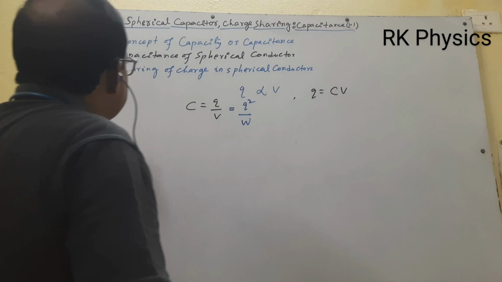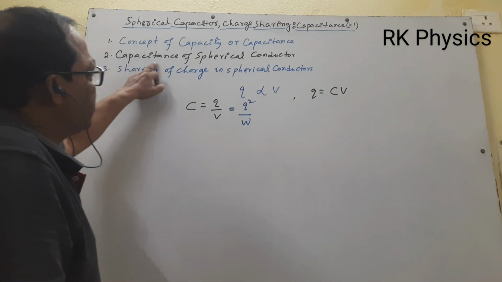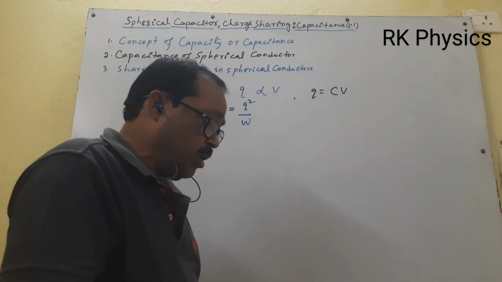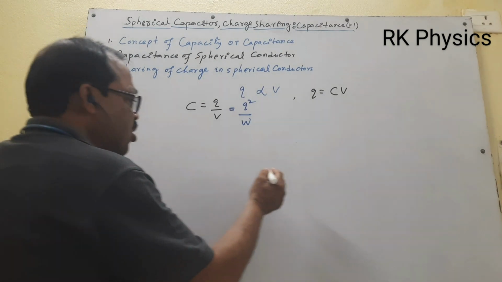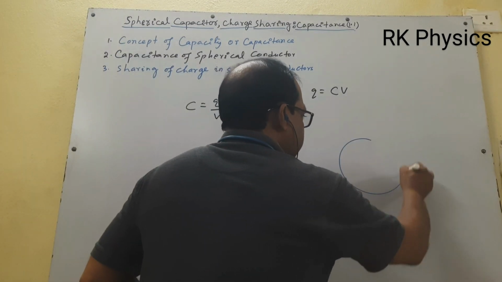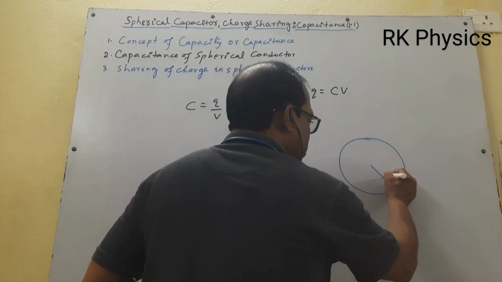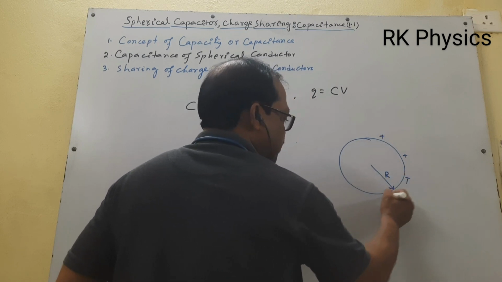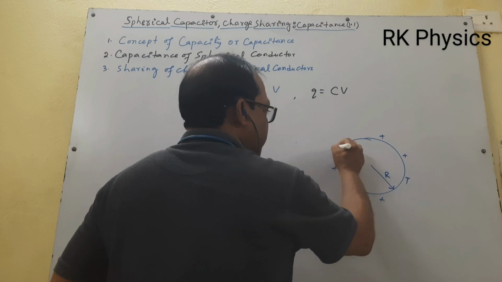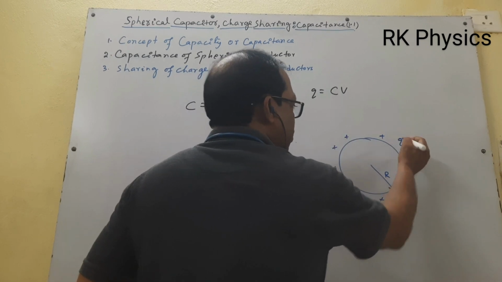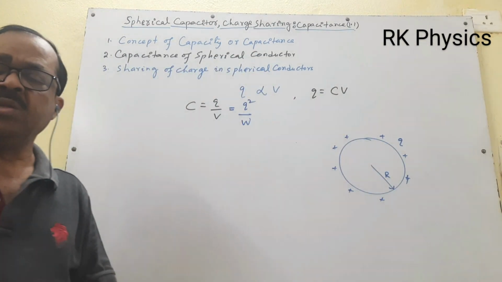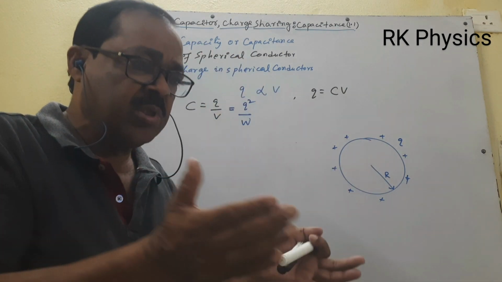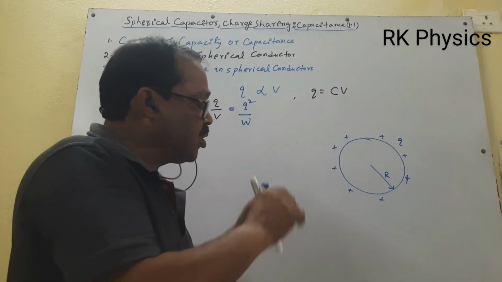Okay. Now let us first come to the capacitance of a spherical conductor. Just consider a conductor bent into the form of a sphere having a radius r, and you provide charge Q to the conductor, and the charge distributes uniformly over its surface.